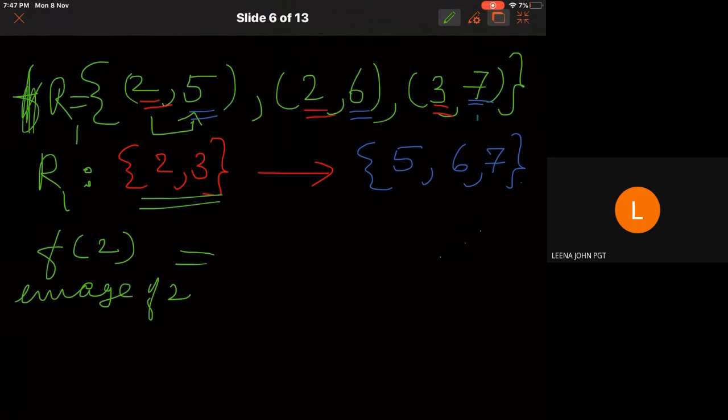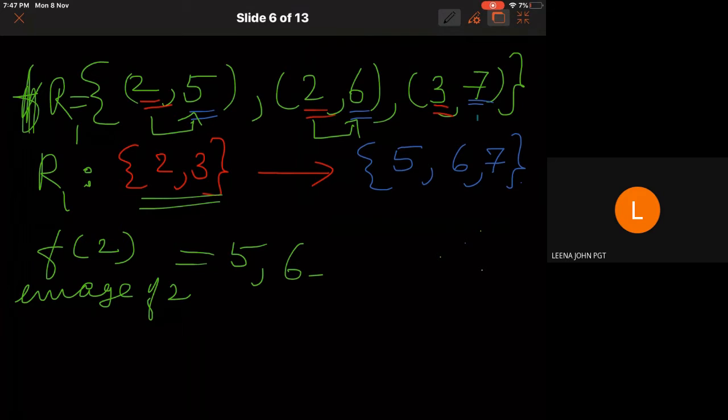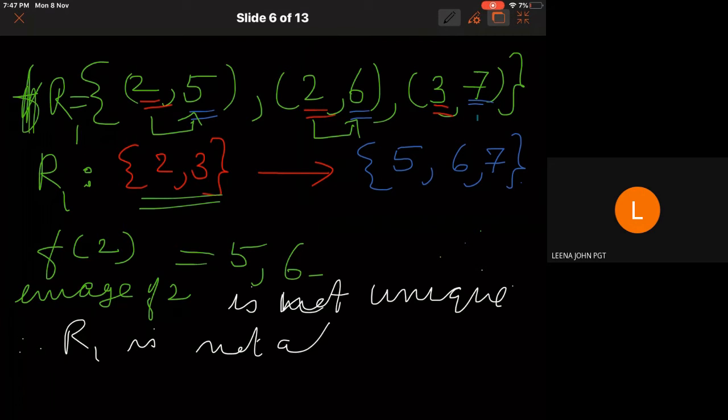Image of 2 here is 5 and here also image of 2 is 6. So that means f of 2 can be 5, 6. So that means the image is not unique. Image of 2 is not unique because it has more than one element. So R1 is not a function.